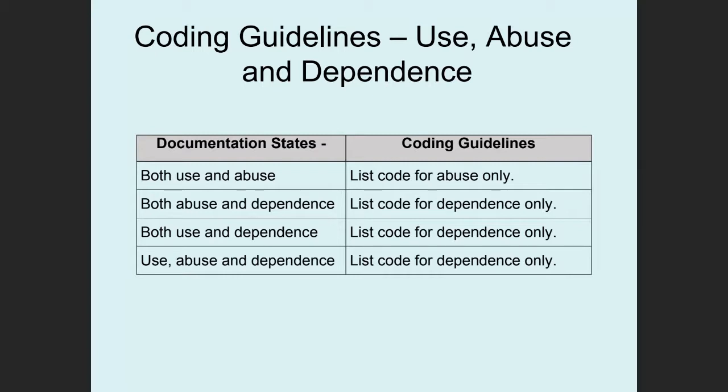So what this is saying is that if they have both documented, list the worst one. If it says use and abuse, code for abuse, because abuse is more serious than use. If it's use and dependence or use, abuse, and dependence, you're going to code for dependence because that's the more serious one. So it's a long way of saying use the one that's most serious only. So only one code.